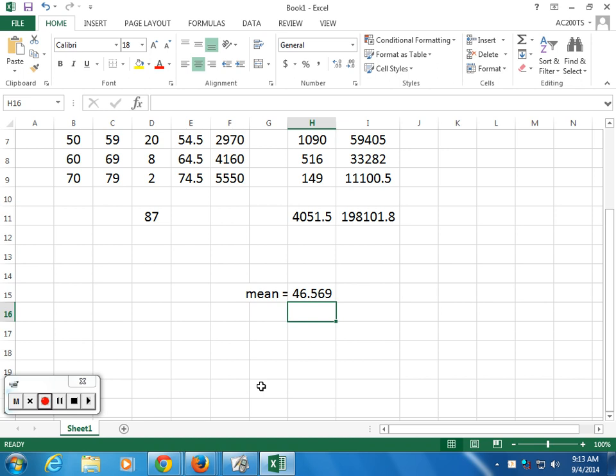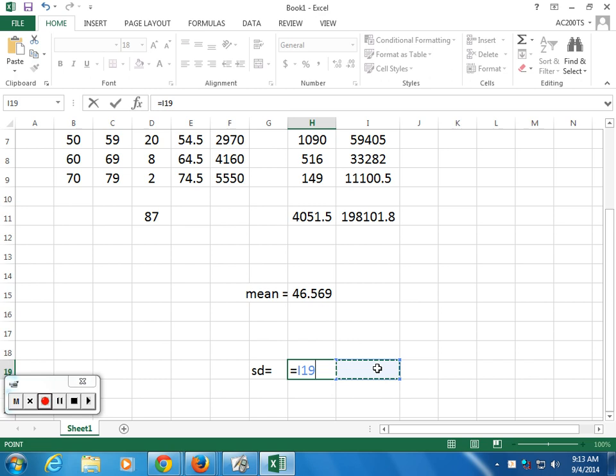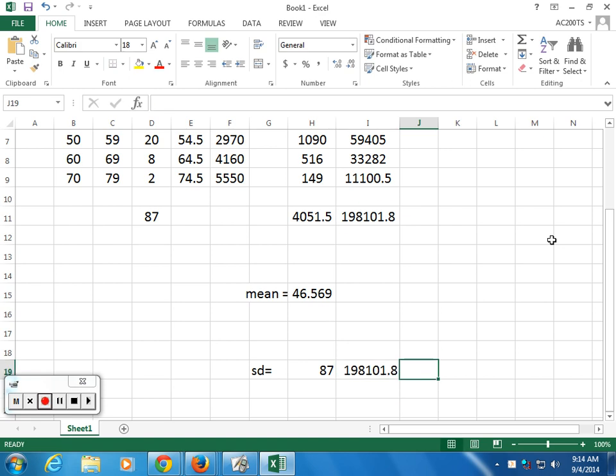Now, the standard deviation, I'm going to write it all out down here. Standard deviation is equal to N times N times, I think it's this one, minus this guy, quantity what?